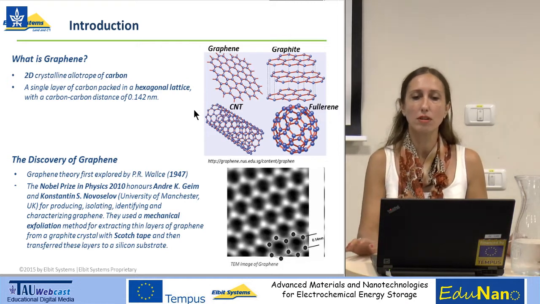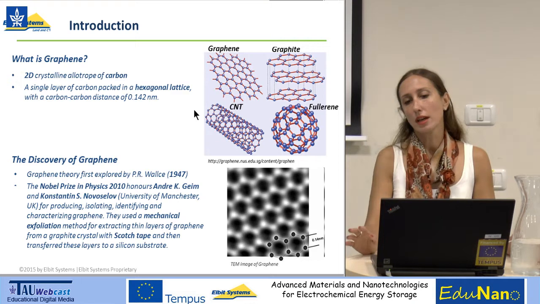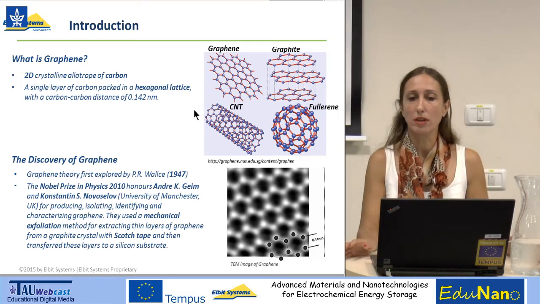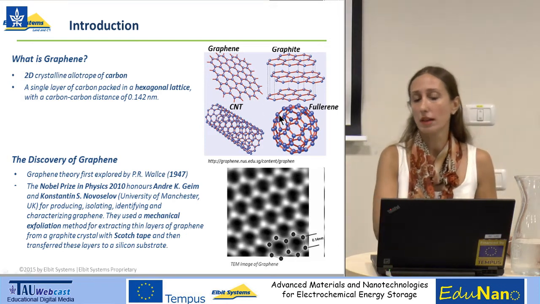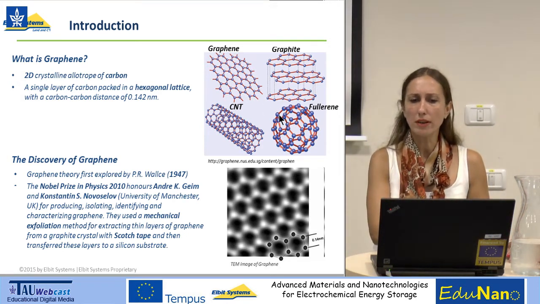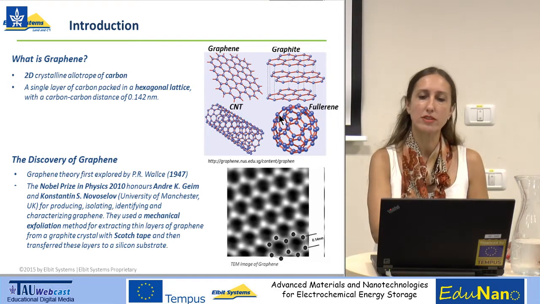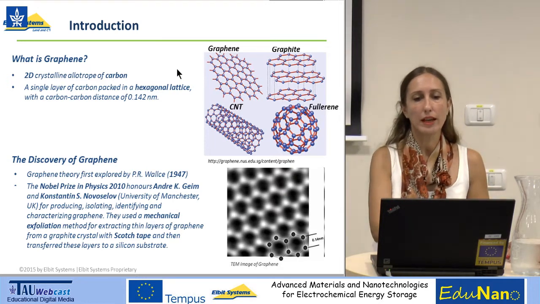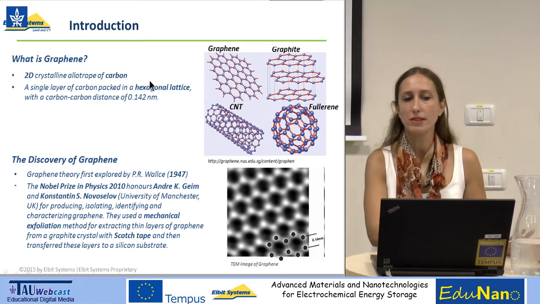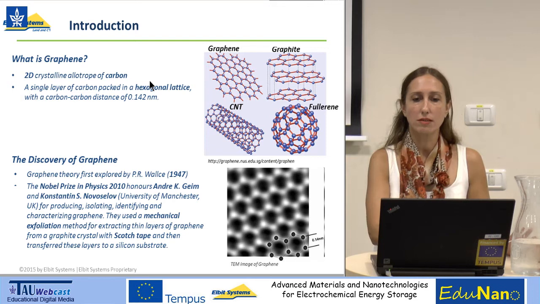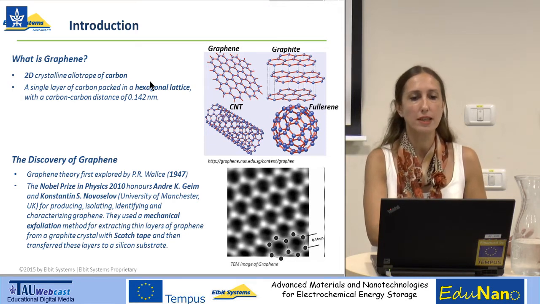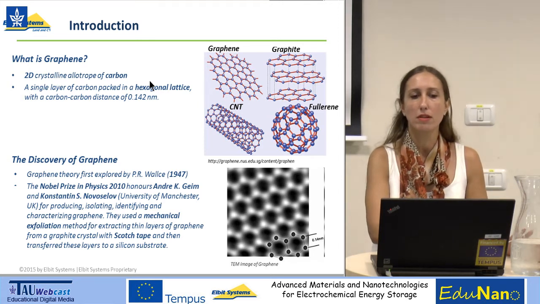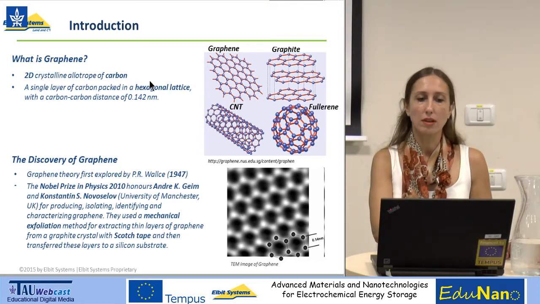One sheet of graphene rolled into a cylindrical form can form a carbon nanotube, or it can also be the essential form of fullerenes, which are also known as zero-dimensional C60 carbonaceous materials. So actually we are talking about a two-dimensional crystalline allotrope of carbon, and its unique properties come from the fact that it comes as a single layer packed in a hexagonal lattice with a carbon-carbon distance of 0.142 nanometers.